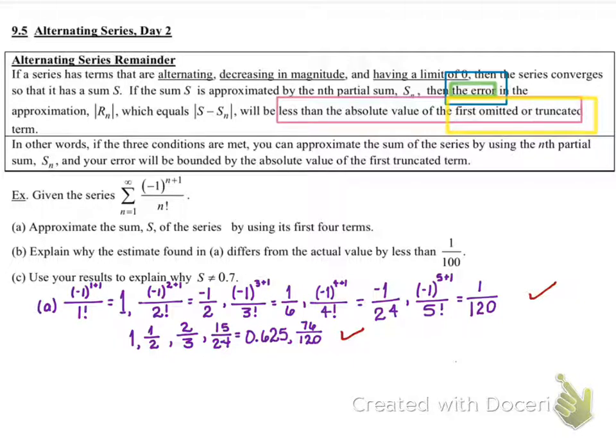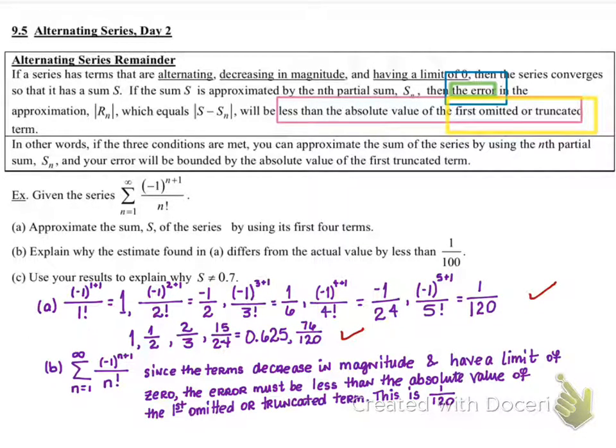In other words, if the 3 conditions are met, you can approximate the sum of the series by using the nth partial sum S sub n, and your error will be bounded by the absolute value of the first truncated term. What are they referring to, the 3 conditions? Again, alternating, decreasing in magnitude, and having a limit of 0.